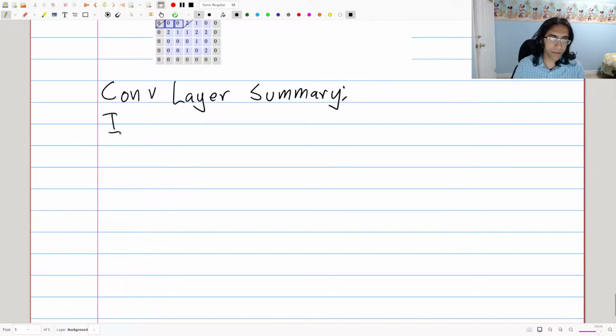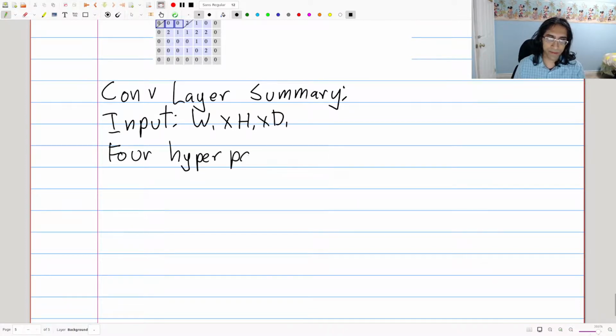So the input is going to be width w1 by height h1 by depth d1. And there are going to be 4 hyperparameters. There's the number of filters, which again we call k.